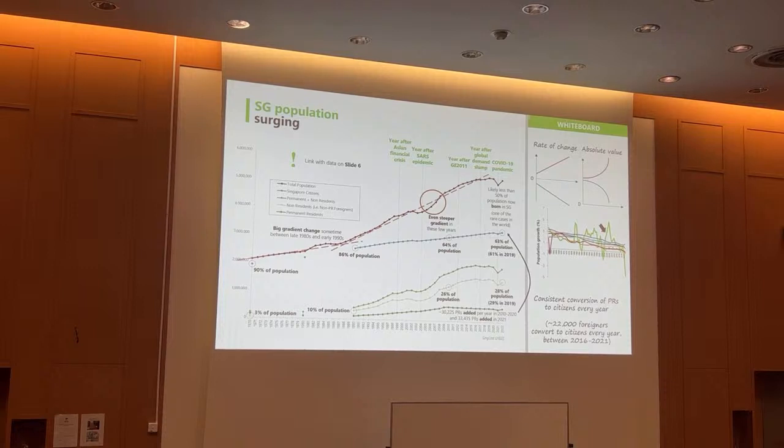Another thing that we can look at would be those words that I've highlighted here. I've mentioned it in an earlier slide as well. For the first 25 years of independence, the vast majority of the population is made up of citizens.